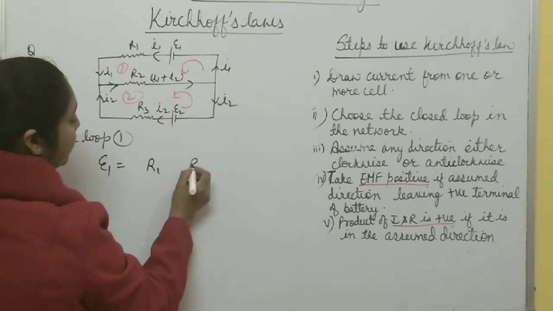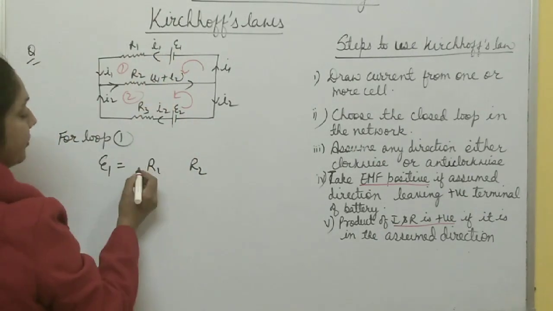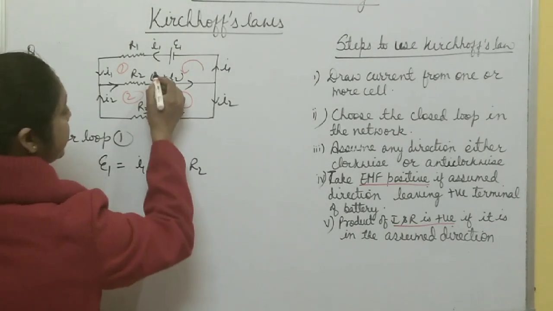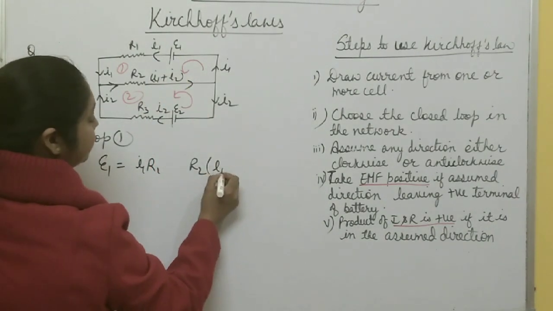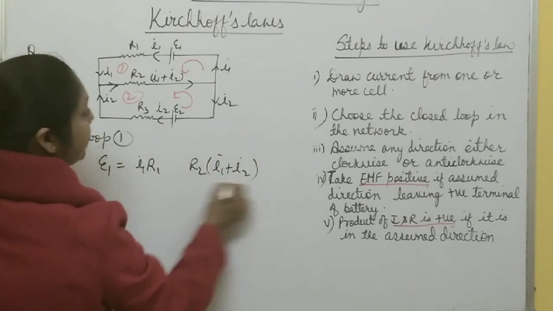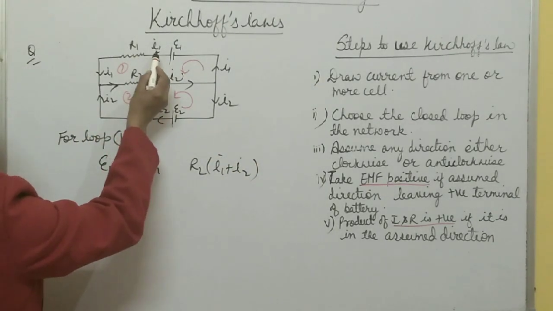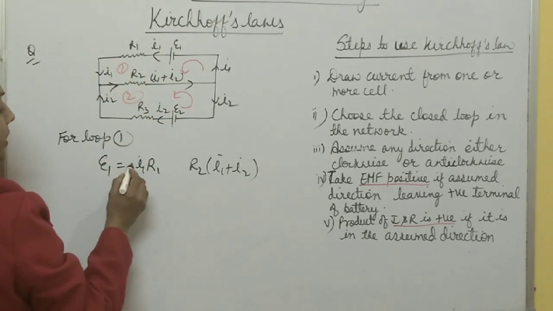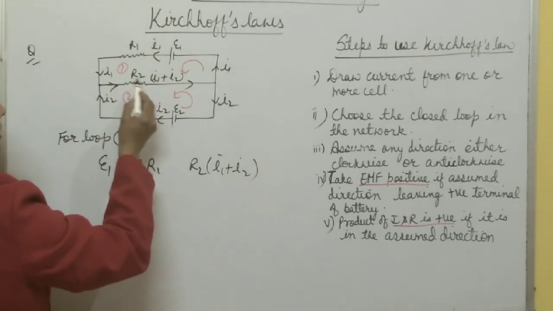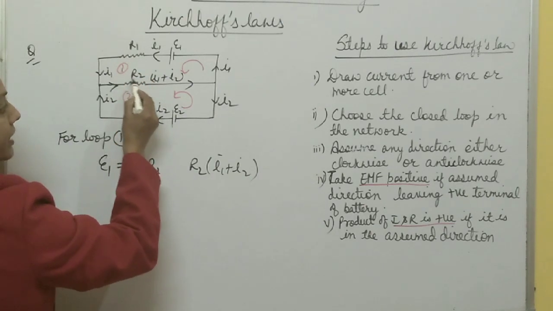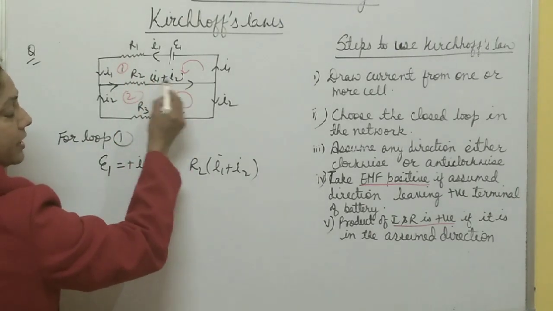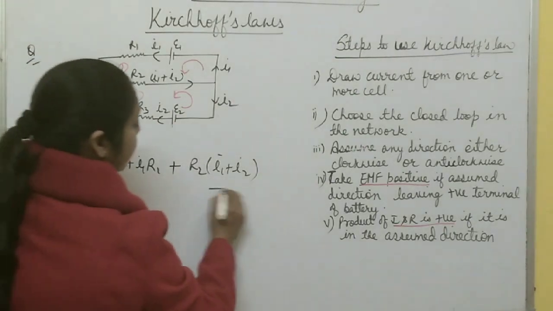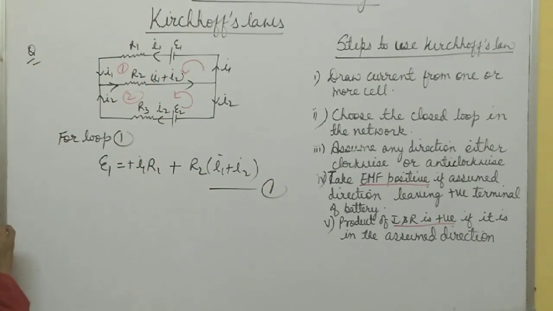In R1, I1 current is flowing, and in R2, how much current is flowing? I1 plus I2. Now you have to put signs. Here current I1 is in the assumed direction, so it is positive. Here the assumed direction is anti-clockwise and current is also flowing in this direction, so this one is also positive. In this way, this is the equation for loop 1.